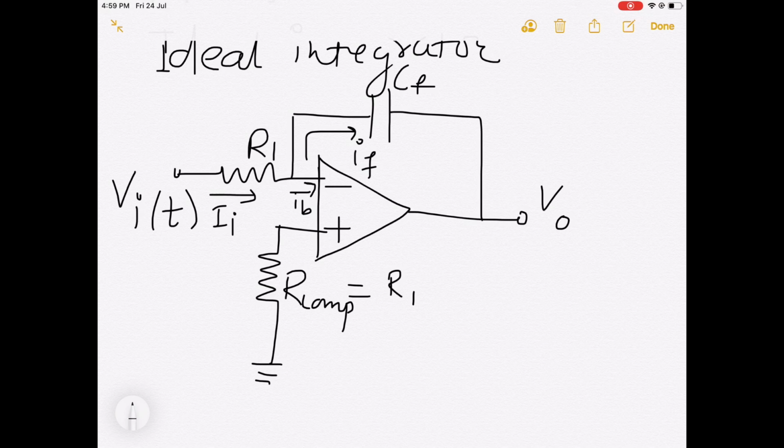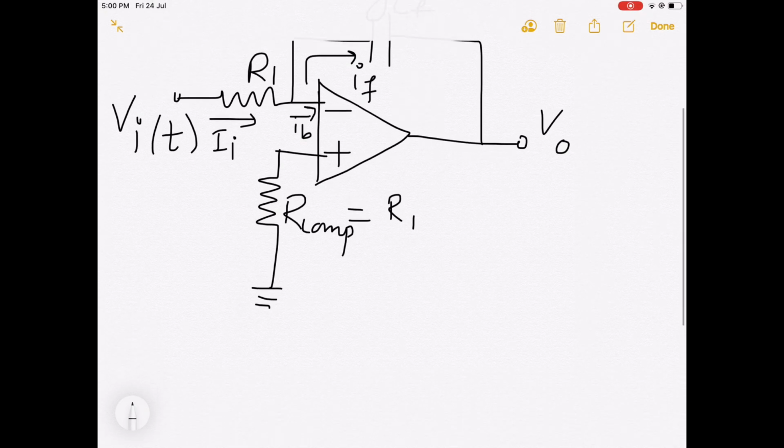We know the property of capacitor. Capacitor charges with respect to time, means for some time duration, for example from 0 to t, it does summing action over a required time, right. That is why this capacitor is used in the feedback, where summing action is done over a required time interval and then integration happens. Okay.